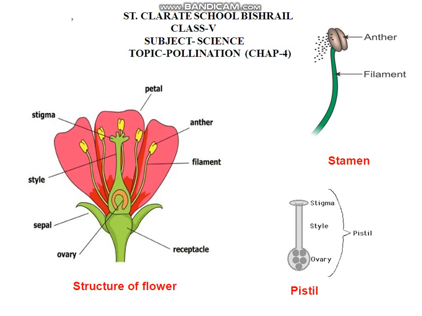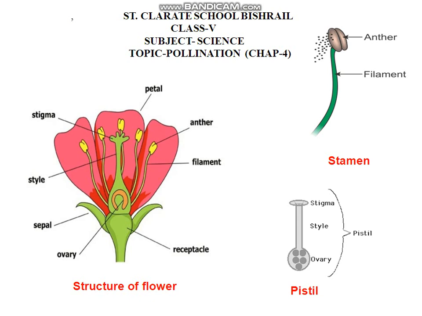You just go through the diagram. Structure of flower. Sepal is shown here using green color. Sepals are green in color here and petals are red in color. Stamen is not labeled here, but anther and filament together form the stamen.